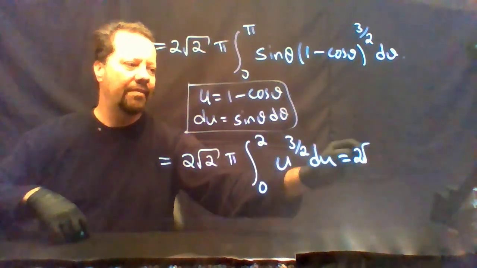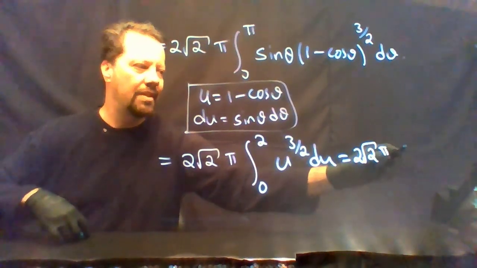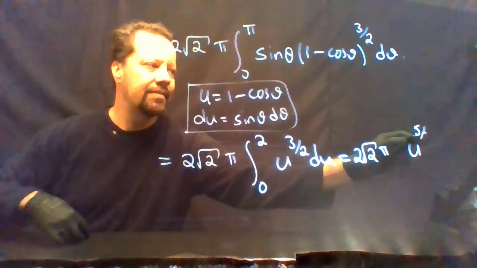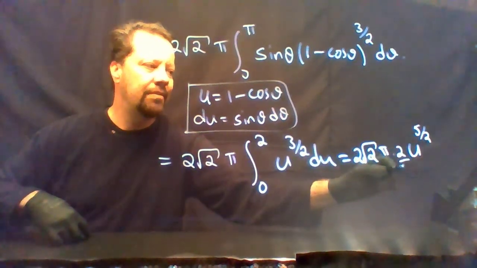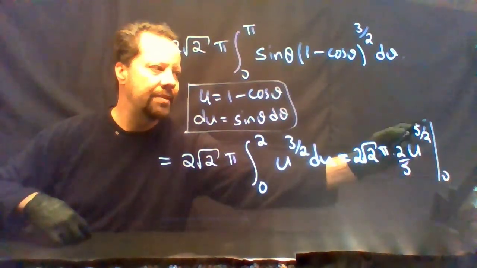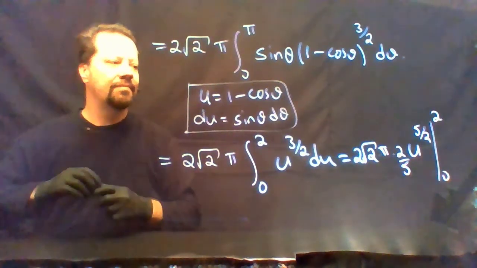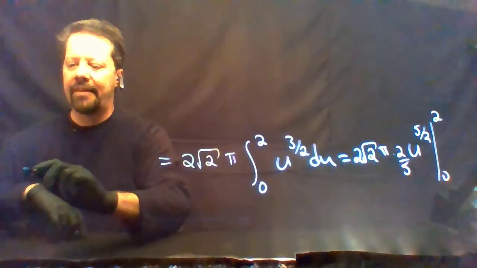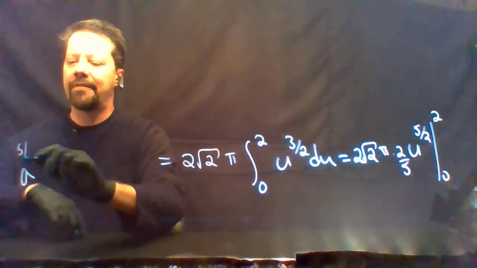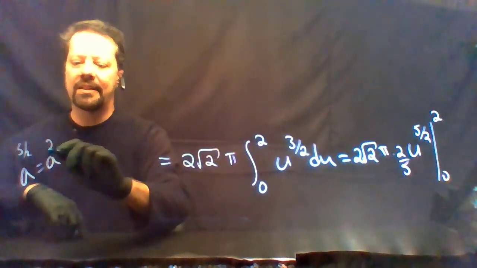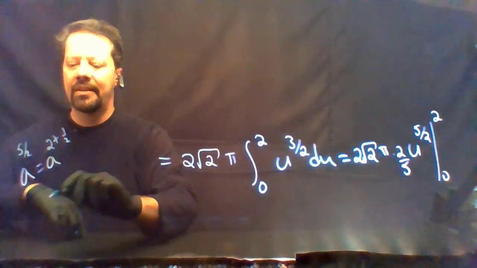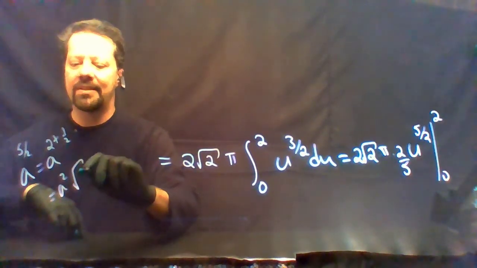Using the fundamental theorem of calculus, you see that we have u to the 5 halves. We have to multiply by 2/5, evaluated from 0 to 2. Keep in mind that if I raise a number to the power 5 halves, it's like raising it to the 2 plus a half, so I get that number squared times its square root.